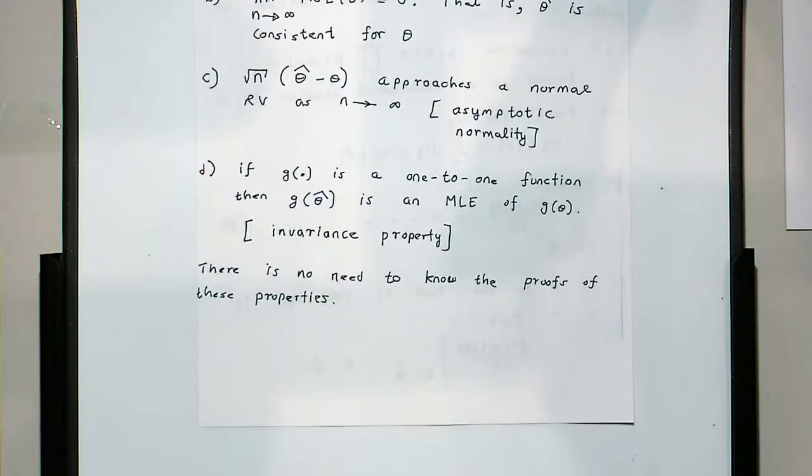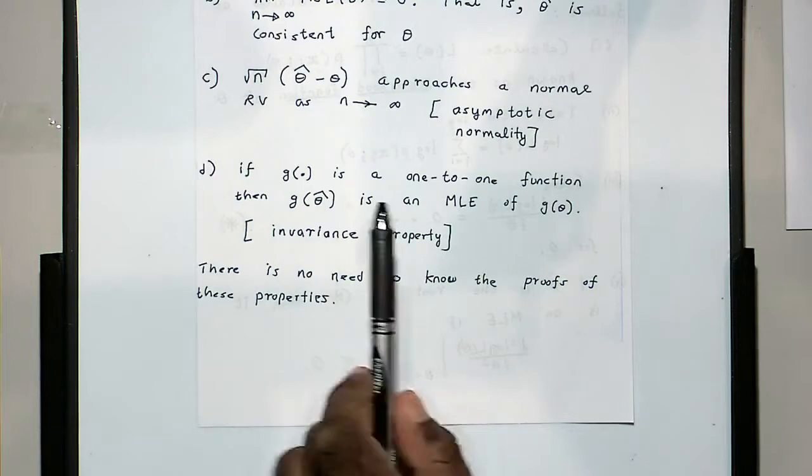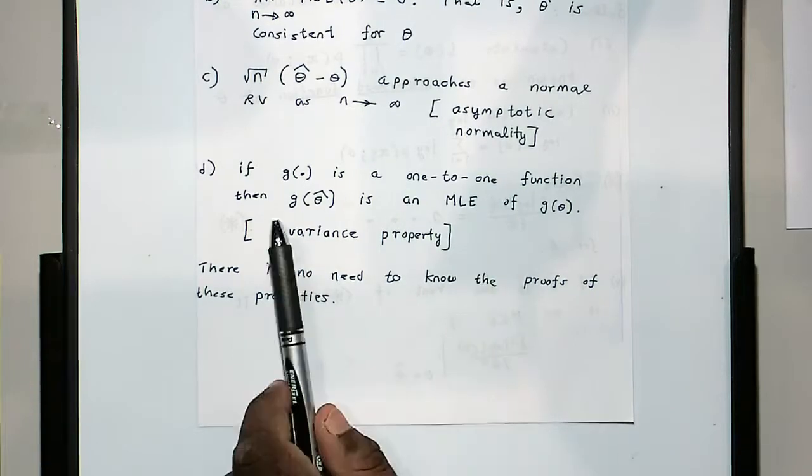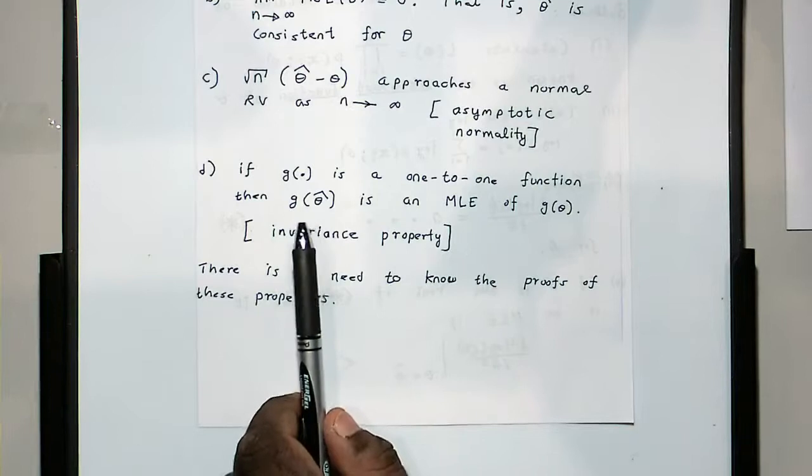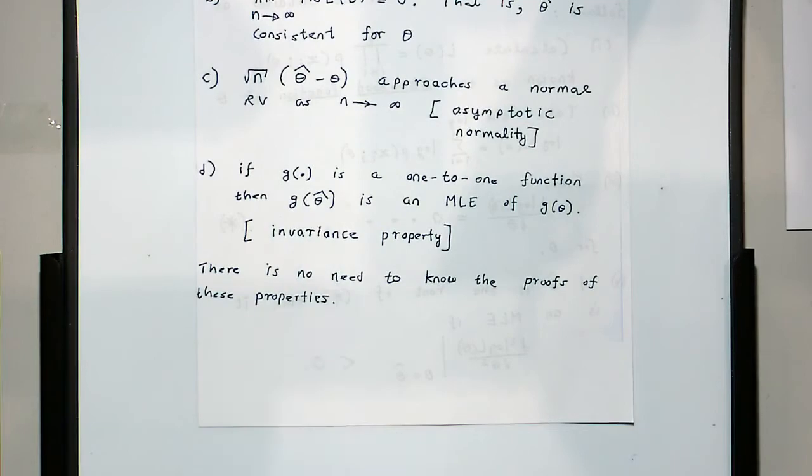And the final property is known as the invariance property, which says that if you have a 1-to-1 function g, I hope you know what 1-to-1 is, right? A 1-to-1 function is a function for which for every x there's only one corresponding y. I'm sure you did this in analysis.